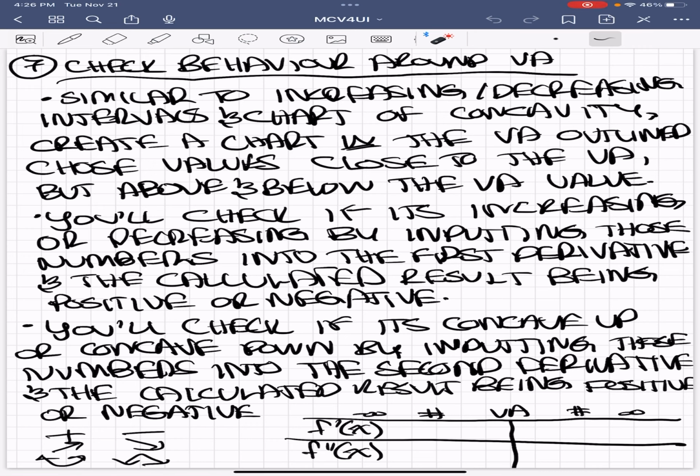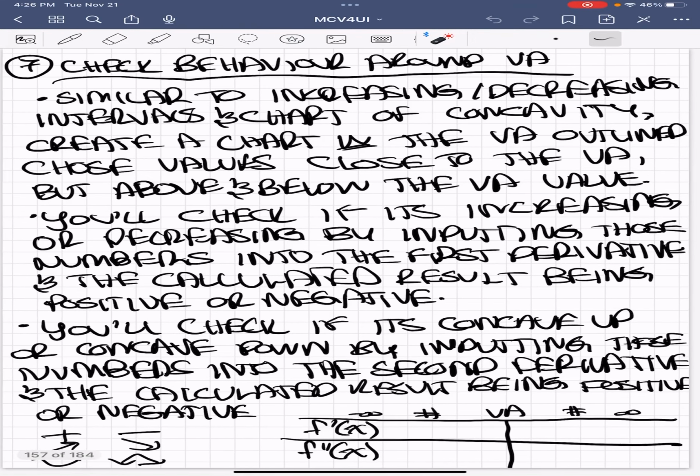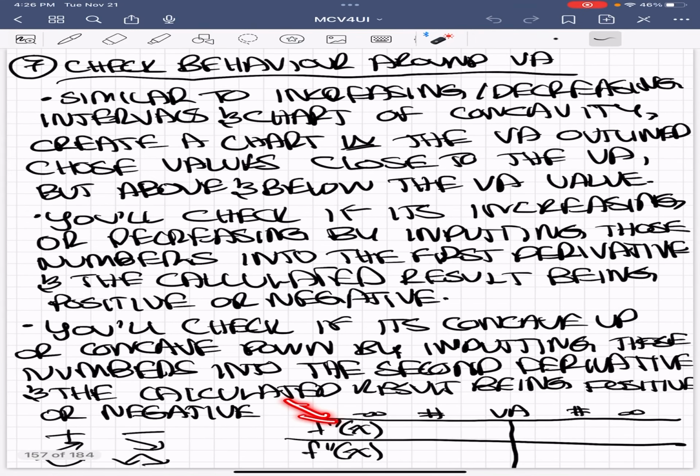You'll check to see if it's increasing or decreasing by inputting those numbers into the first derivative and the calculated result being positive or negative. You'll check if it's concave up or concave down by inputting those numbers into the second derivative and the calculated result being positive or negative. Here's what a chart looks like and the symbols you'll be using.